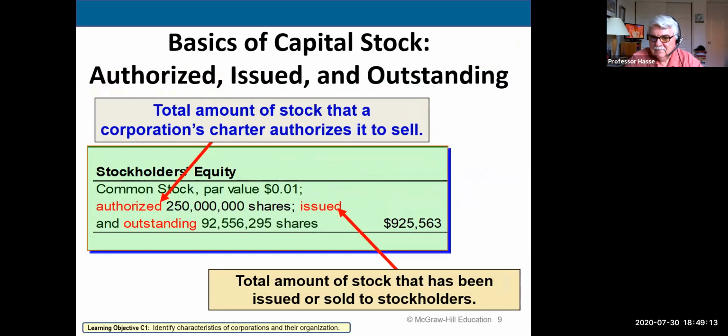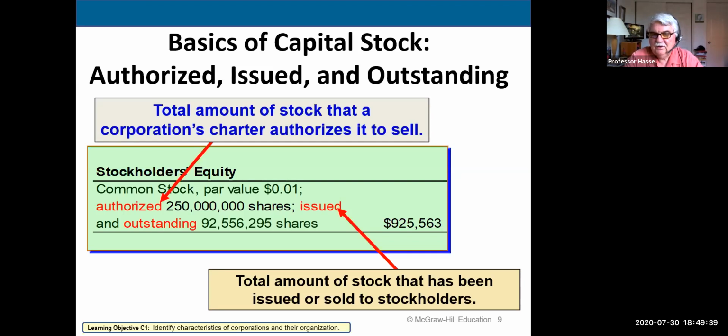It's cheap. To incorporate a company is expensive. You have to pay a lot of fees. Delaware is the cheapest. That's why a lot of corporations are incorporated in Delaware. They can work anywhere they want, but they're incorporated or set up in Delaware. And when you incorporate, you are authorized to issue a certain amount of shares to raise capital.